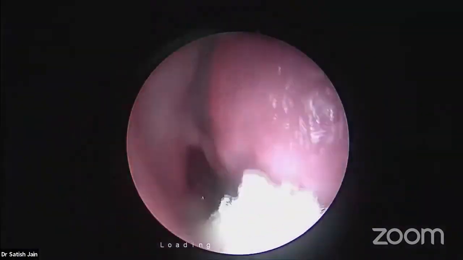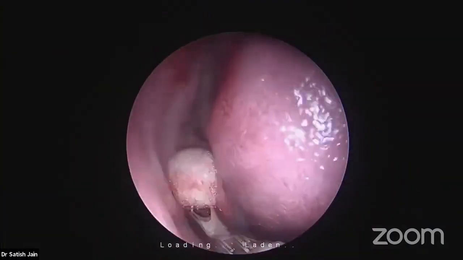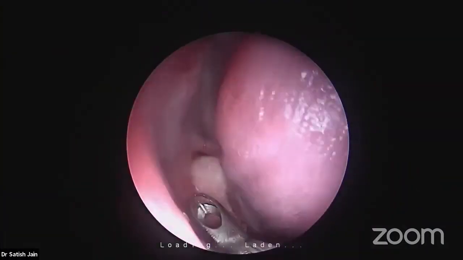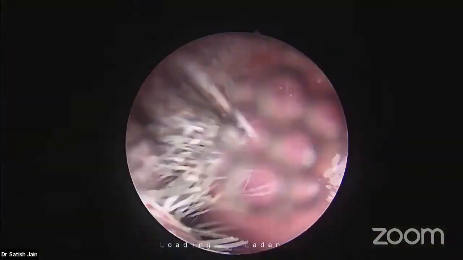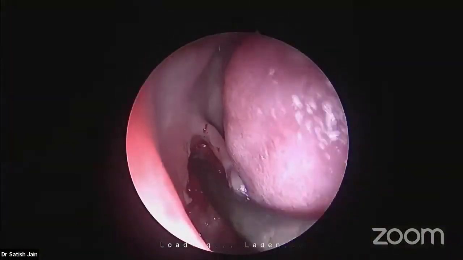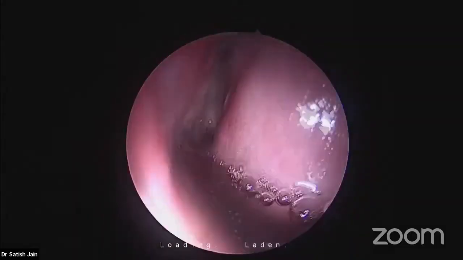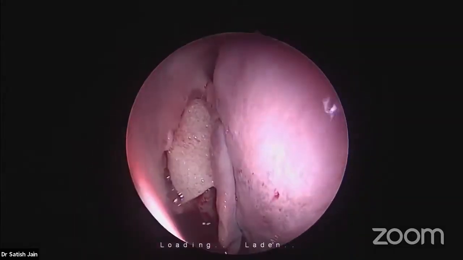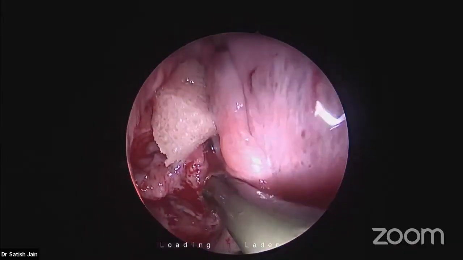Now, what Dr. Kranti is asking about the suprabullar cell means the bulla is not ascending to the skull base. It is not protecting the anterior ethmoidal artery now, because the anterior ethmoidal artery runs along the skull base and the bulla is not reaching there. And there is a cell there. So then the anterior ethmoidal artery remains unprotected.